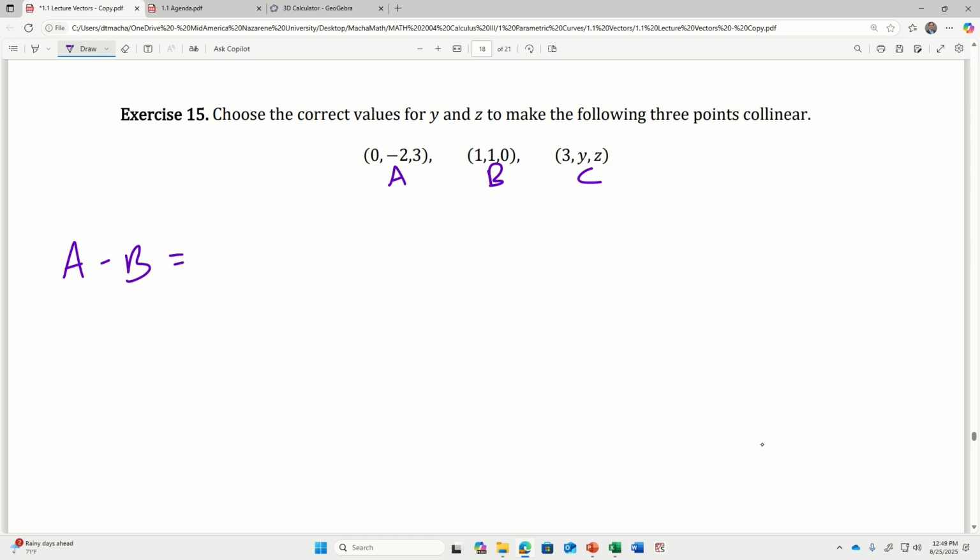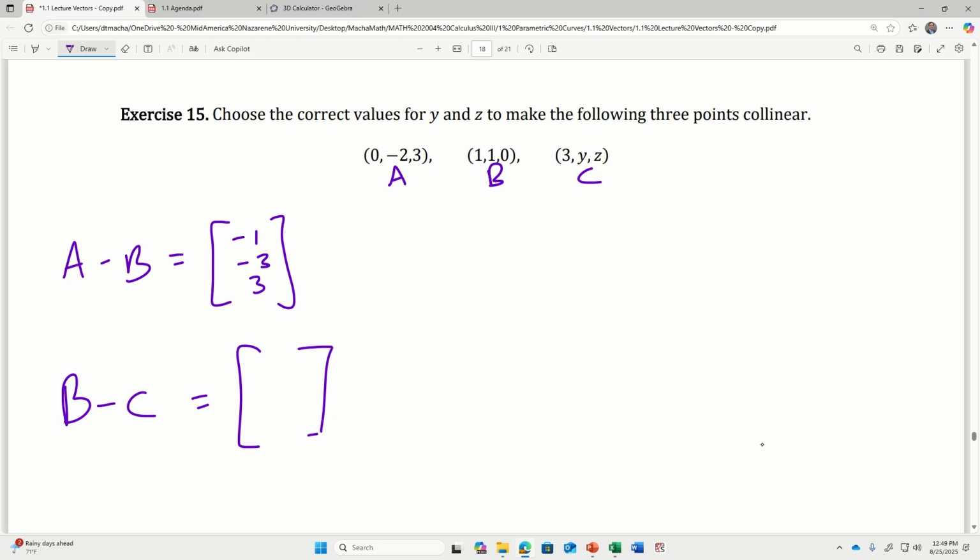So the vector a minus b is going to be this. The vector b minus c is going to be this difference vector. Okay.